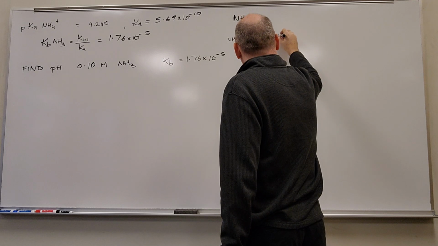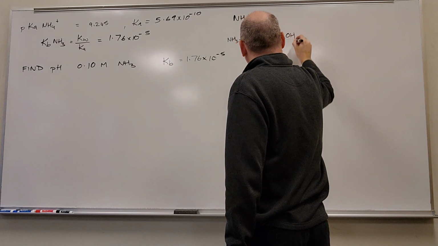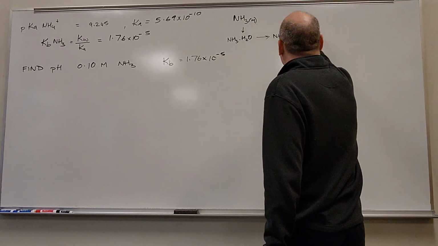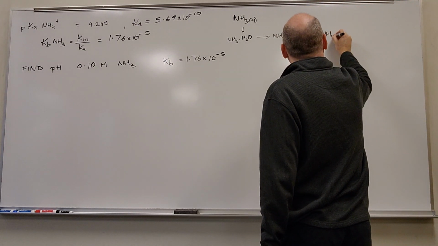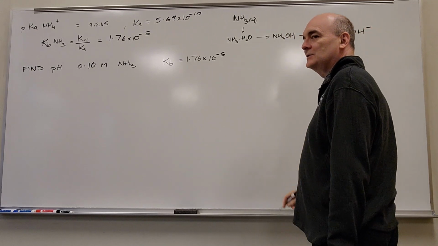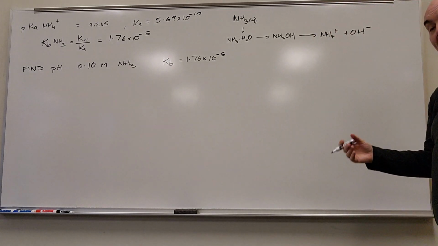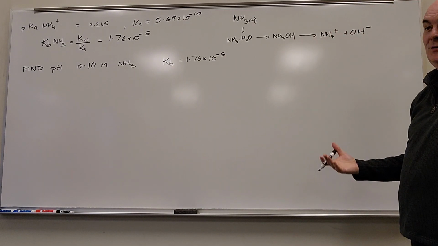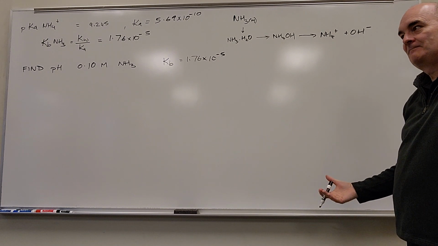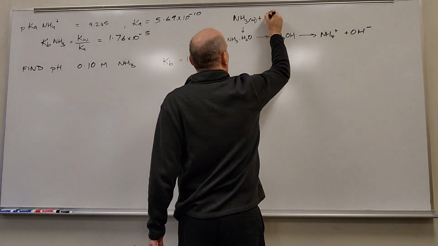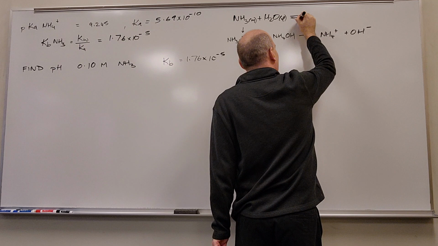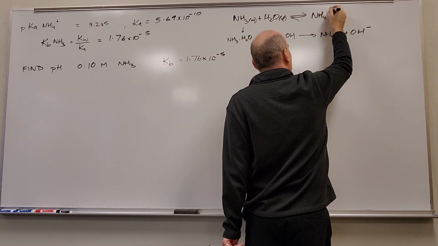This gets rewritten as NH4OH, which tells us that it is ammonium hydroxide. So aqueous ammonia is also called ammonium hydroxide.